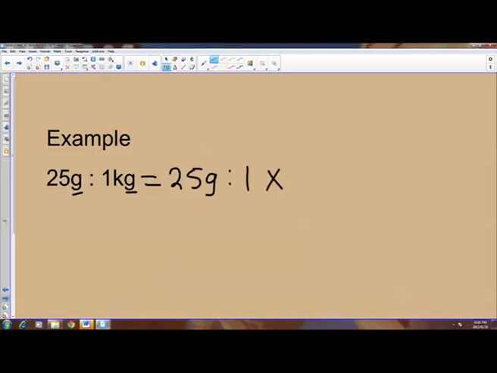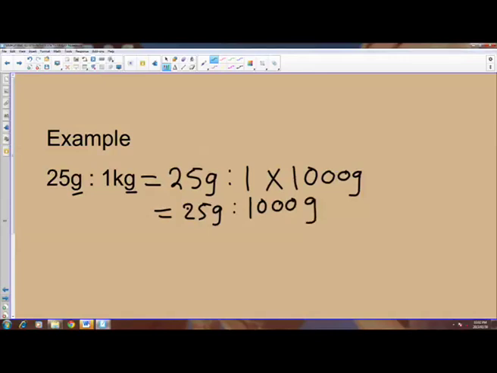It's a kilo, so it's 1,000. This will be 1 times 1,000 grams. This now simplifies to 25 grams is to 1,000 grams. The units are now the same.